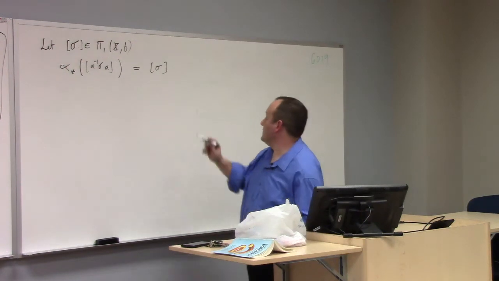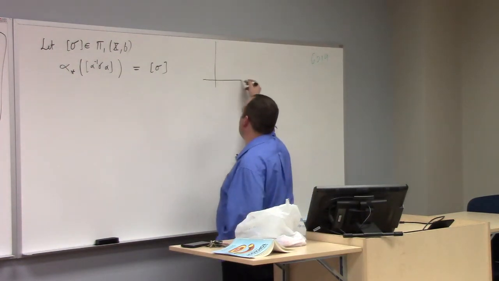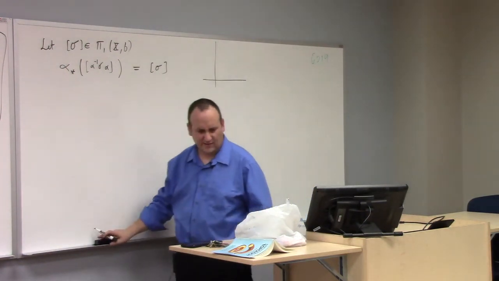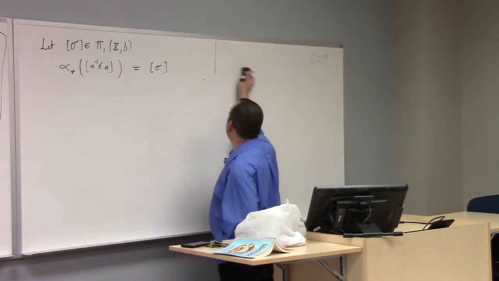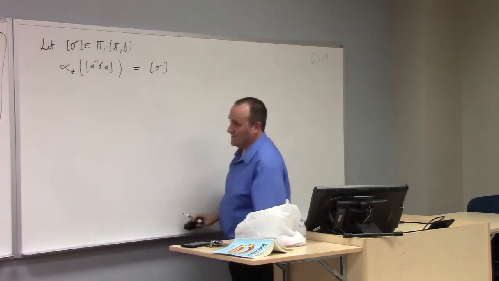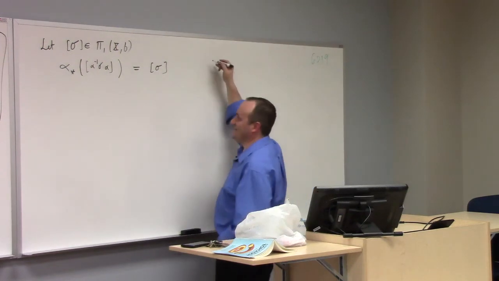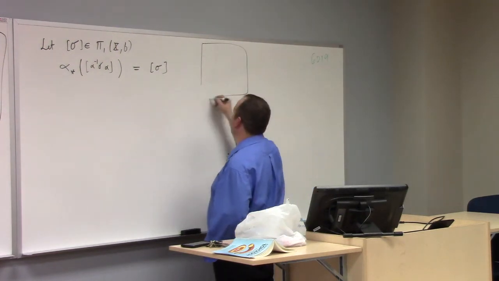To draw a picture of what's going on right now, if I can foolishly attempt, oh, why am I putting coordinate axes? What on earth is wrong with me? There are no coordinate axes anywhere to be seen in this. Certainly not. Good grief.